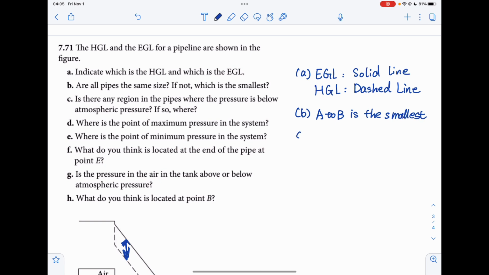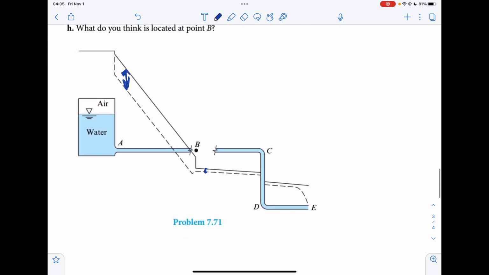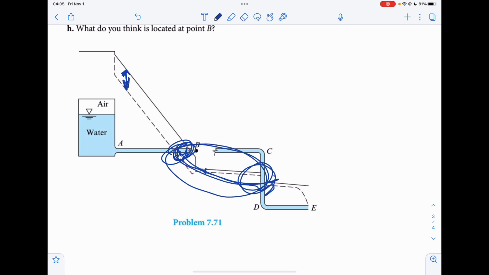And for part C, it's asking in which region of the pipe the pressure is below the atmospheric pressure. So when we look at this figure, starting from here to here, we have part of the energy grid line and the hydraulic grid line that's below the pipe.